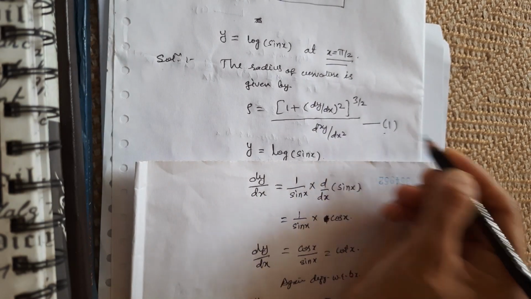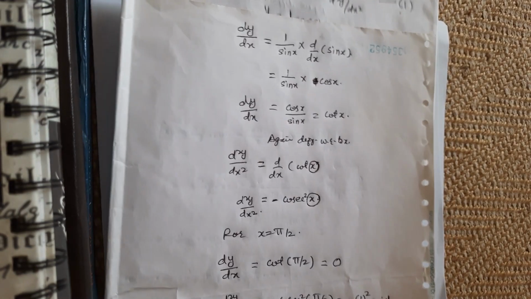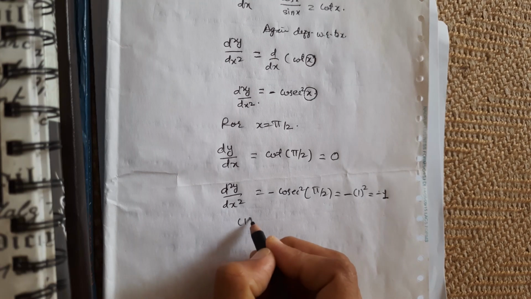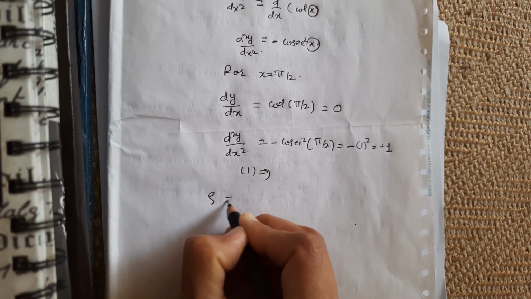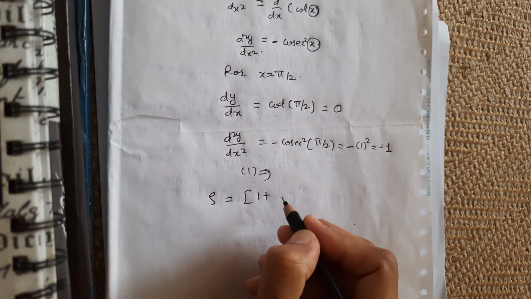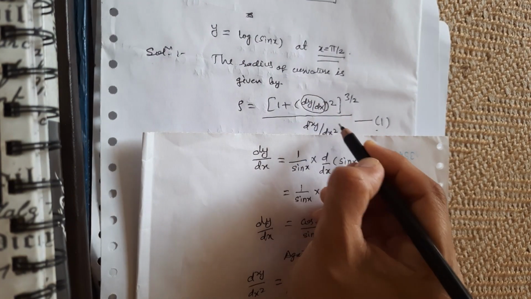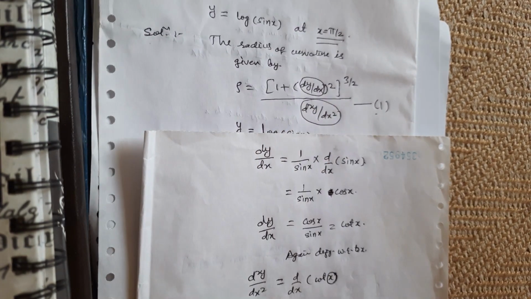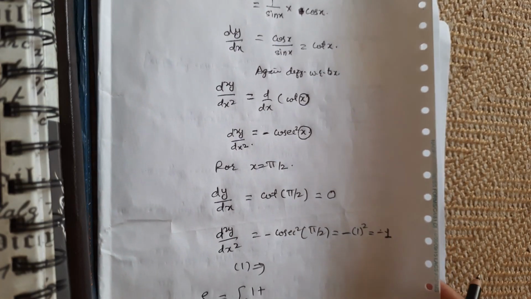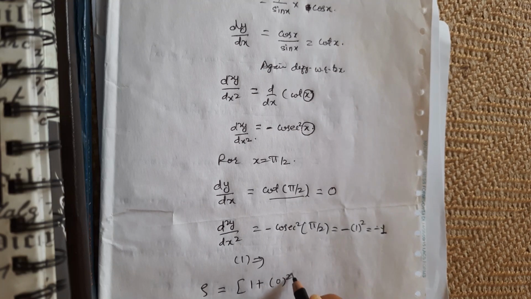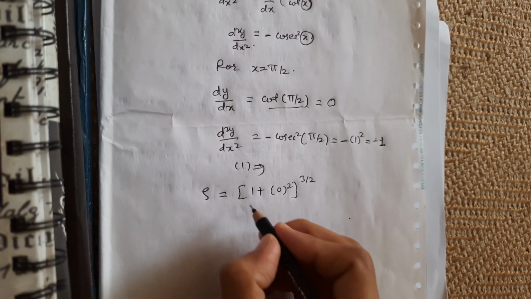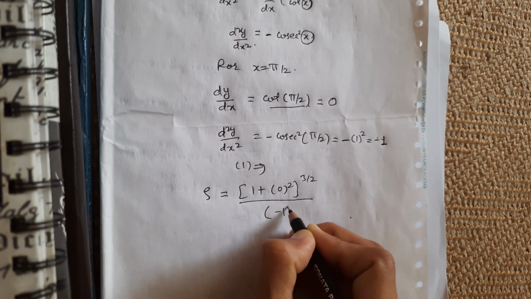Now just substitute the values in equation 1. Using equation 1, rho equals 1 plus, substituting dy by dx and d2y by dx square, 1 plus (cot pi by 2, which is 0) square, to the power 3 by 2, upon minus 1.